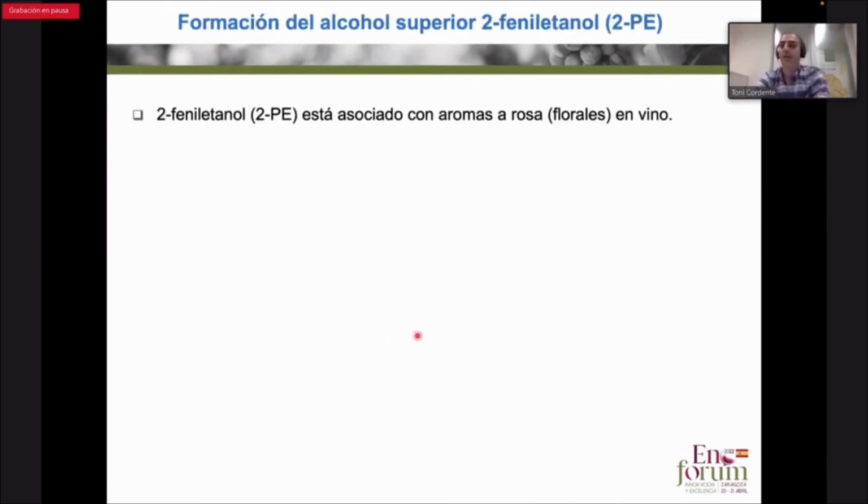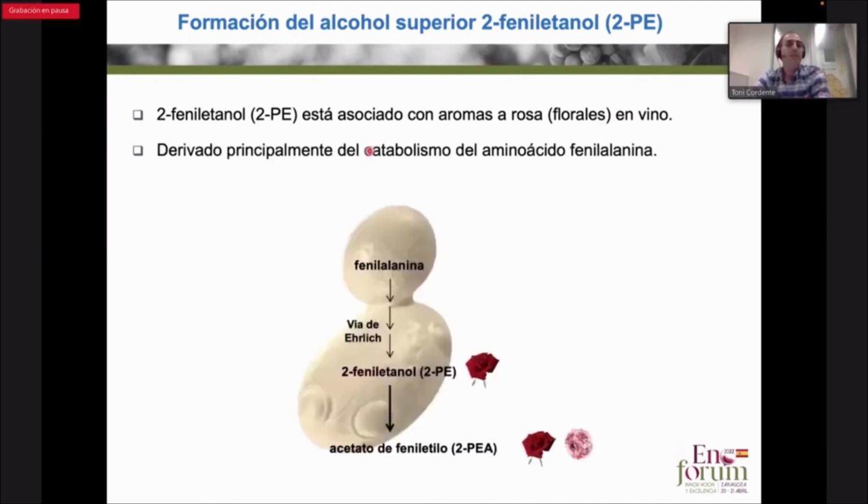One of the compounds that is produced during AF is 2-phenylethanol, or 2-PE, that is linked to rose or floral aromas, and it is derived mainly from the catabolism of the amino acid phenylalanine. And it can be esterified by the yeast to produce 2-phenylethyl acetate.